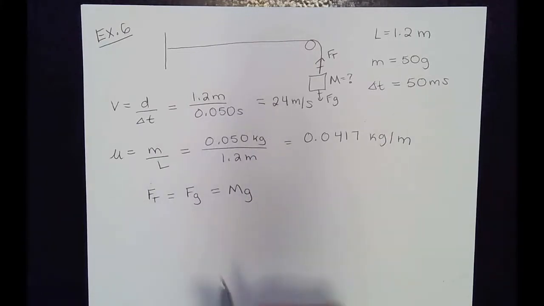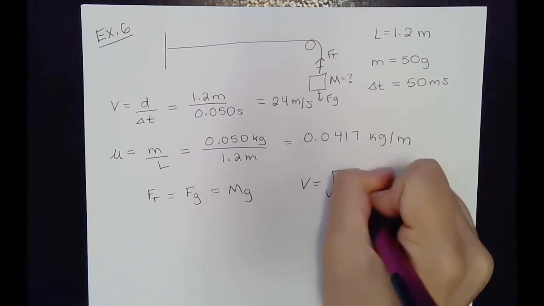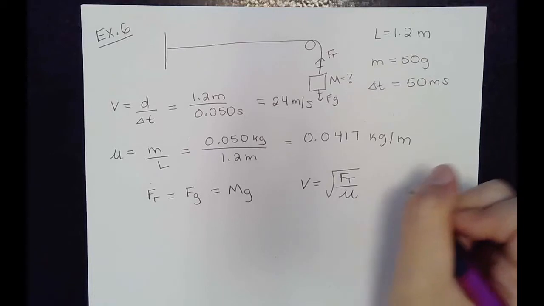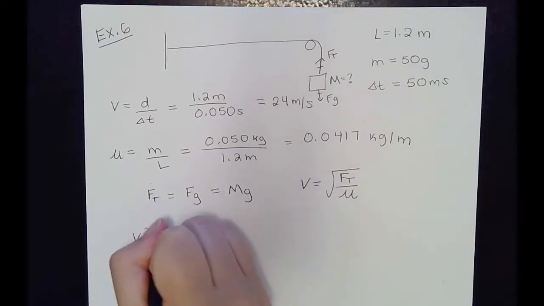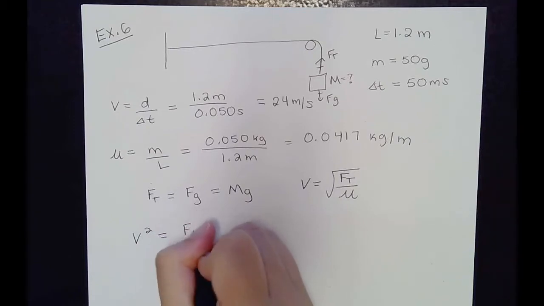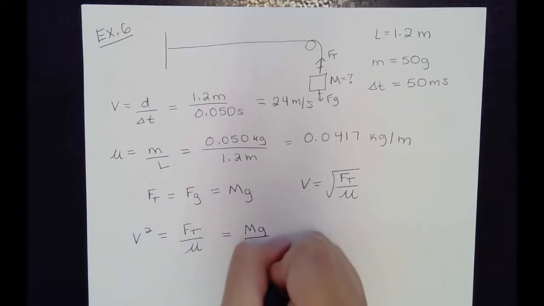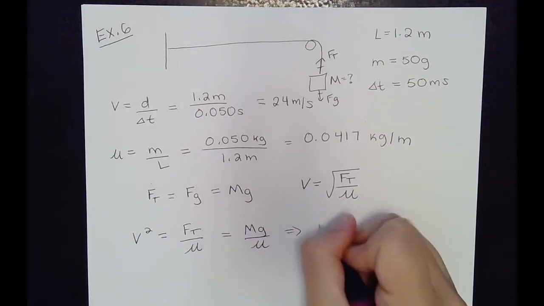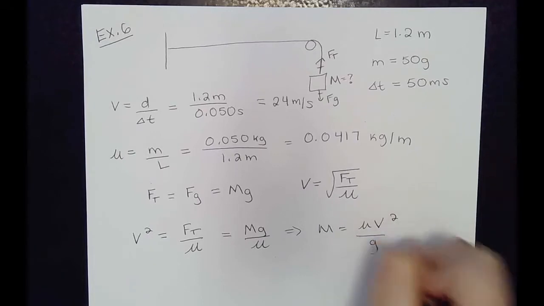So let's use the equation for wave speed on a string, v equals root Ft over mu, in order to solve for this suspended mass. So we have v squared equals Ft over mu, or mg over mu. Solving for m, we have mu v squared over g.